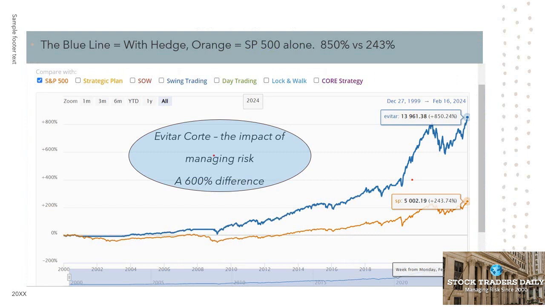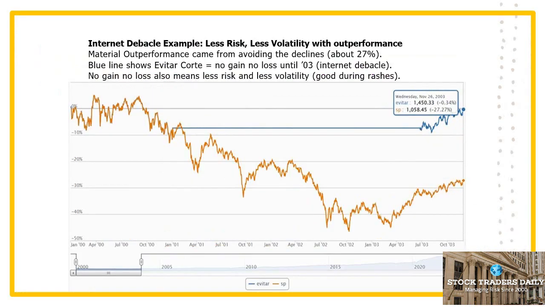It matters. The outperformance matters. What matters to me more, though, is the way that it does it. So this is a chart of the internet debacle, right? The blue line represents Avatar Corte.